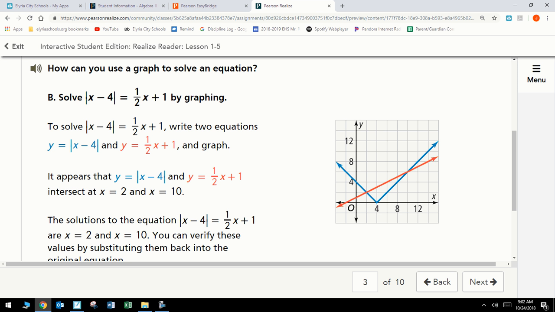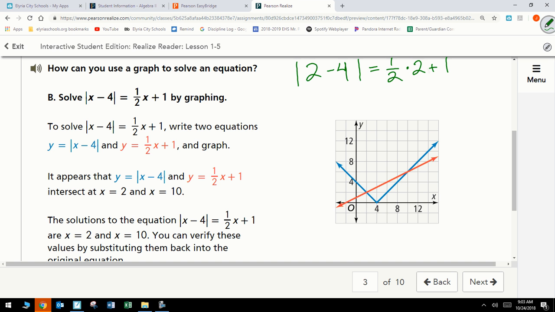So then the solutions to the equation are, again, my points of intersection here. The x value where they first intersect is 2. So if I plug 2 into this equation, the absolute value of 2 minus 4 equals 1/2 times 2 plus 1. I want to know if that's a true statement.